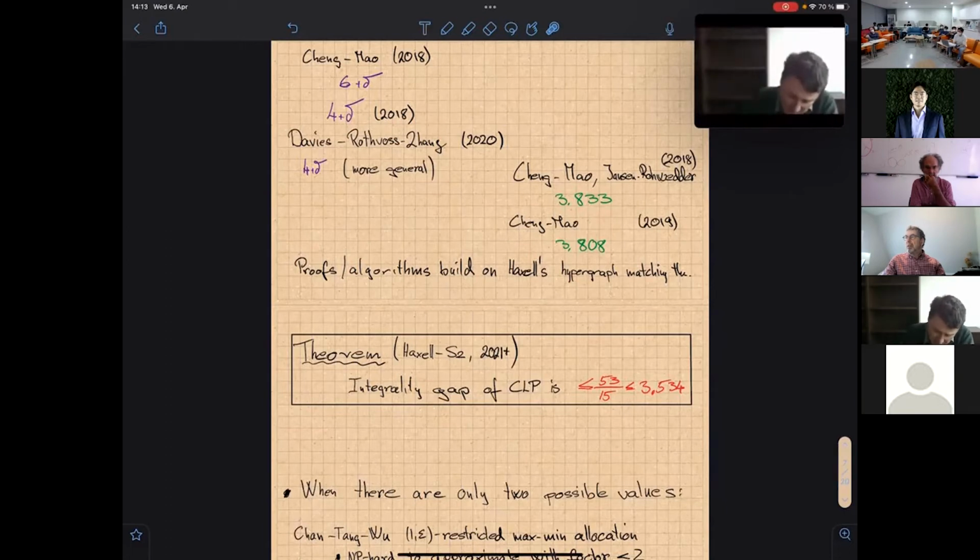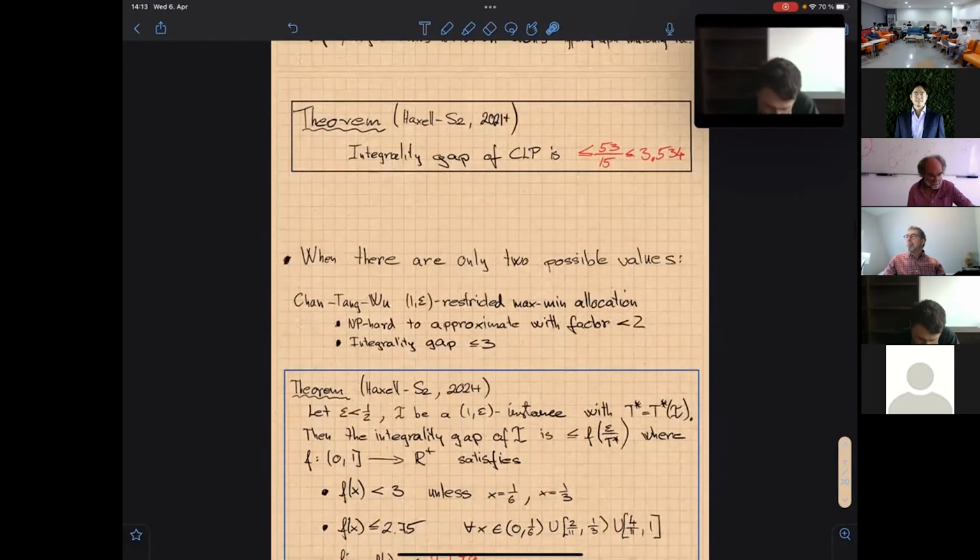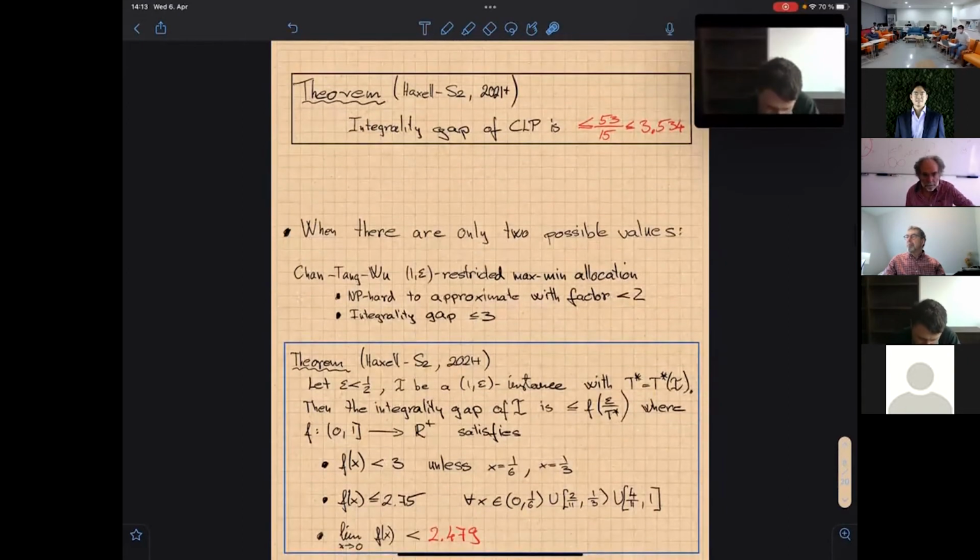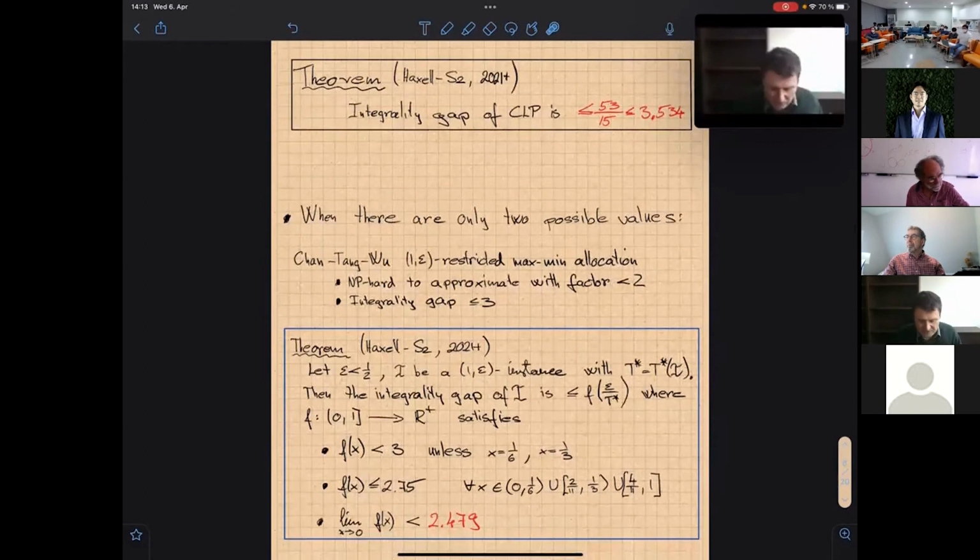So we achieve this 3.534 integrality gap, and I would like to tell you a little bit about the proof in the remaining time. Maybe I first state our other result. So we have two results, one for the general problem, which is this 3.534.